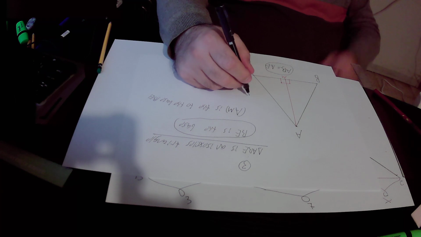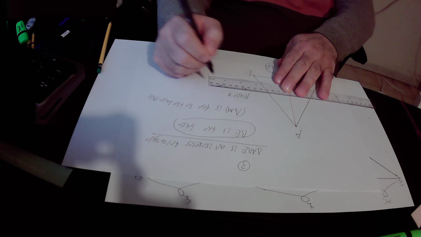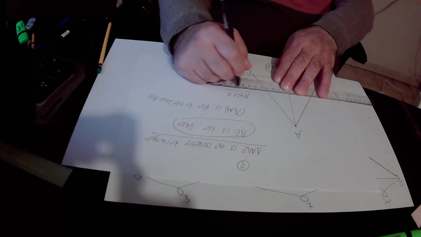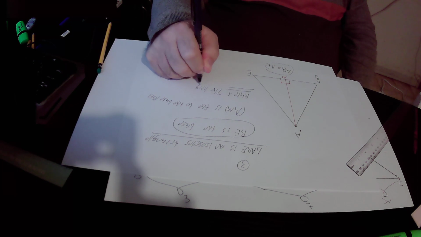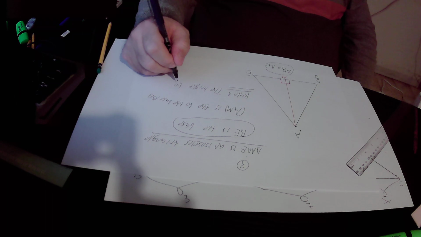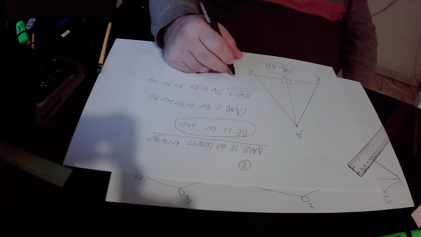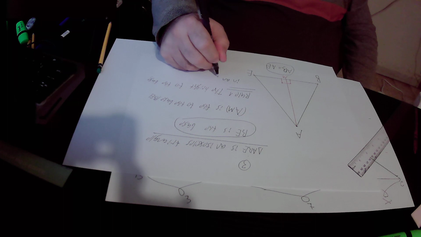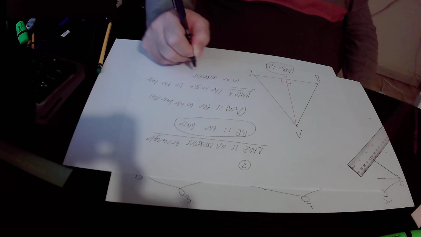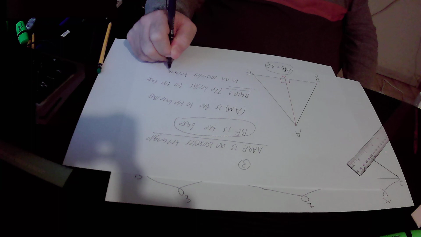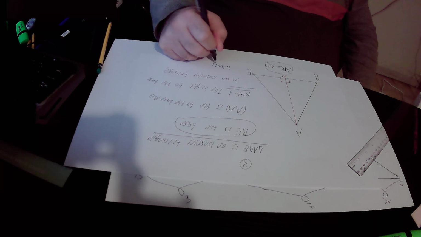And we have rule number 1. According to rule number 1, the height to the base in an isosceles triangle bisects the base.